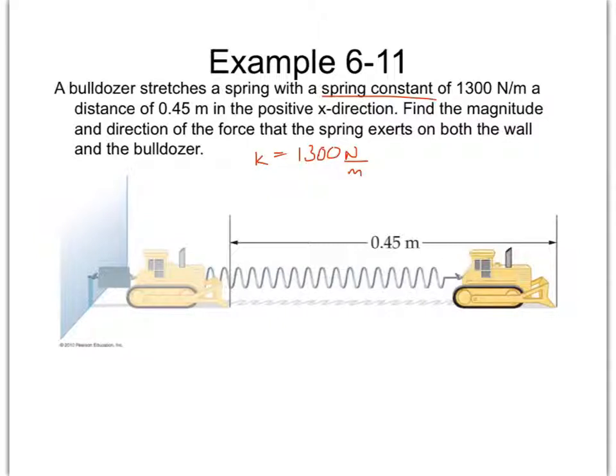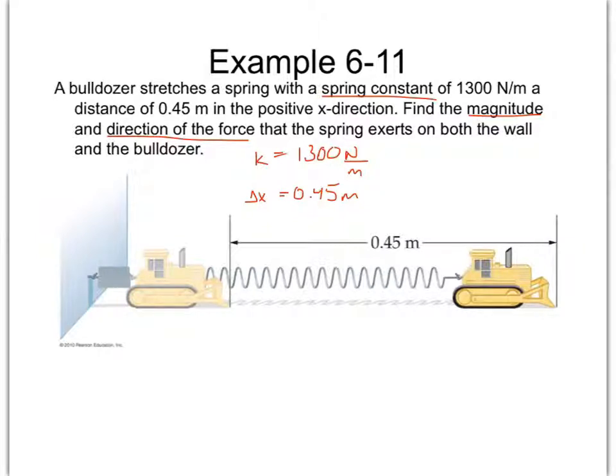And it's stretched, you might say your x or your delta x is 0.45 meters. You want to find the magnitude and direction of the force that the spring exerts on both the wall and the bulldozer.